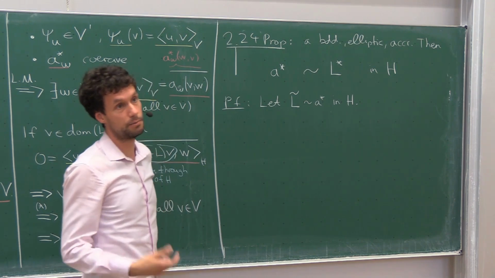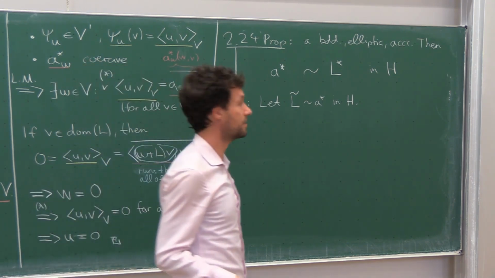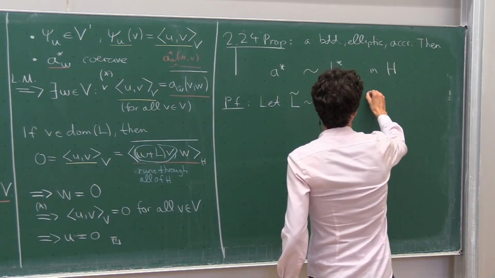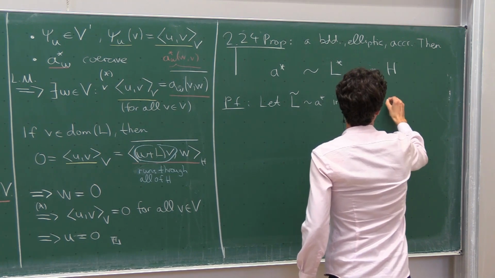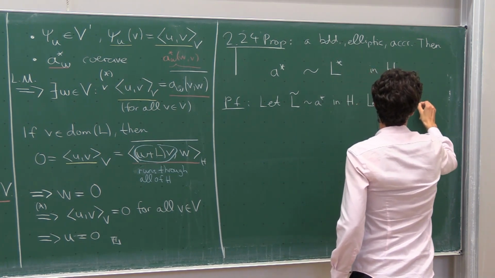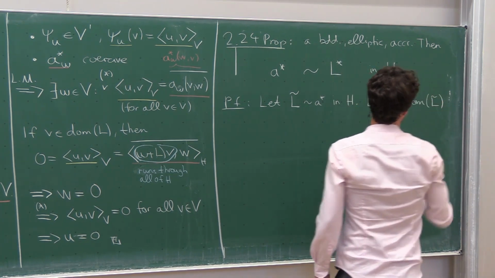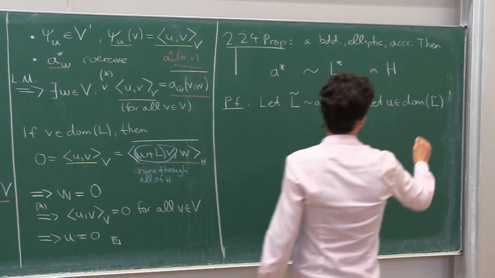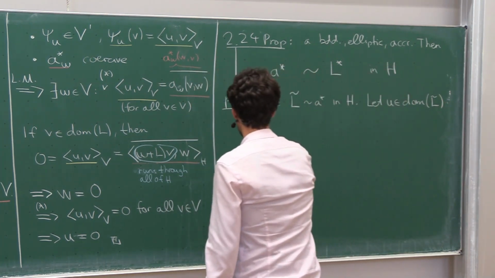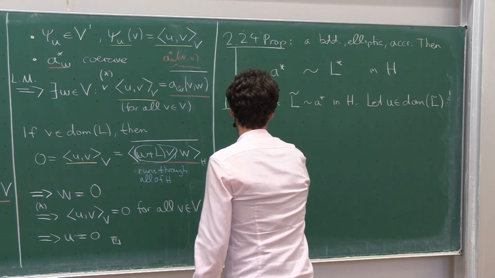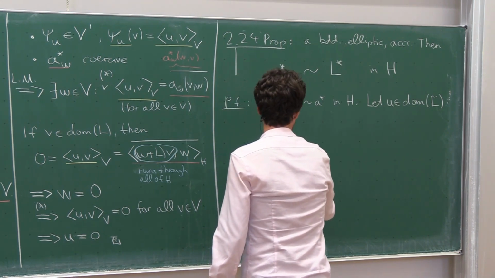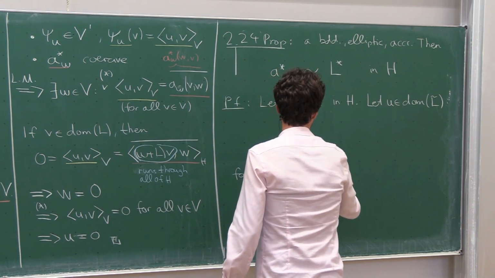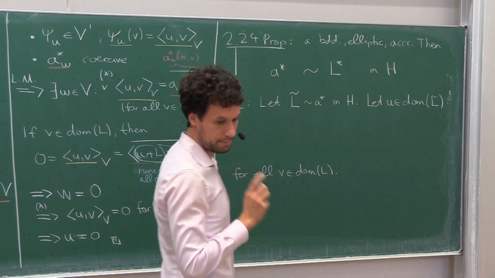And as always, one inclusion is easy and the other one is a pain. So let U be in the domain of L tilde. This is the thing that's going to work. And now I'm going to write down something for all V in the domain of L. Okay?